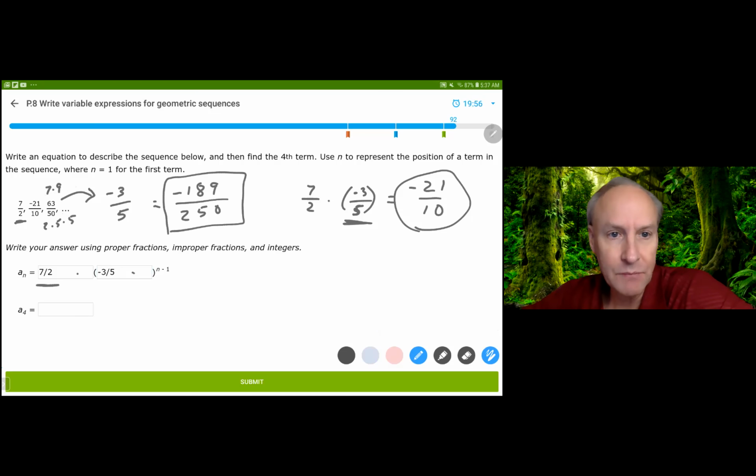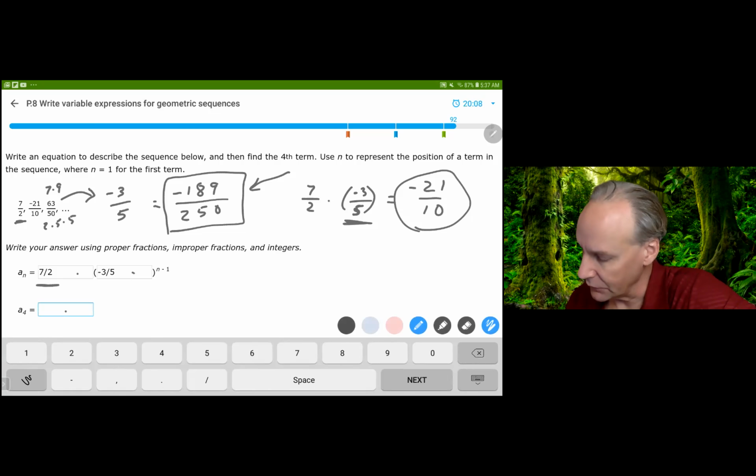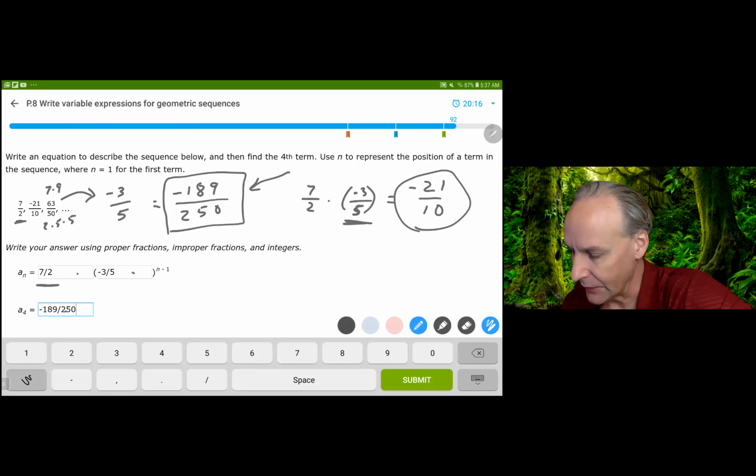We say that these two numbers, even though neither one of them is a prime, we call them relatively prime because they have no factors in common, and there is no way to reduce that fraction. So don't worry, it's -189 over 250. Not so scary. It's okay. You can do this.